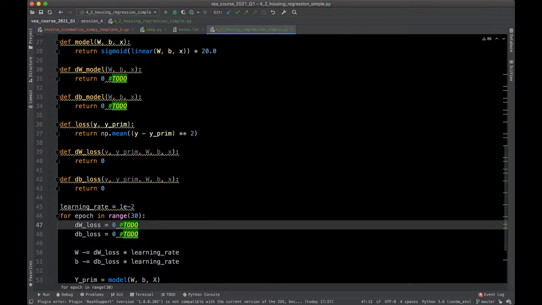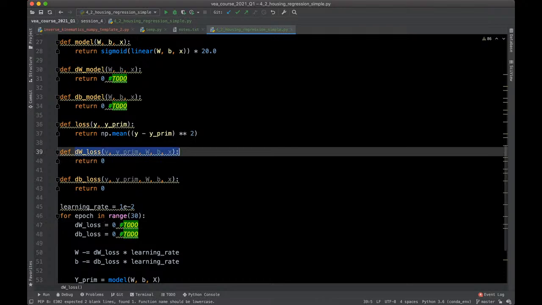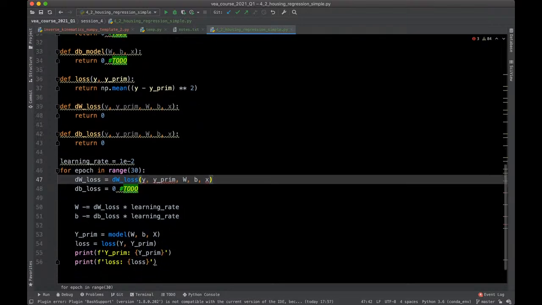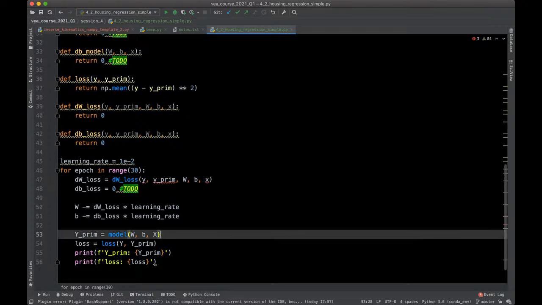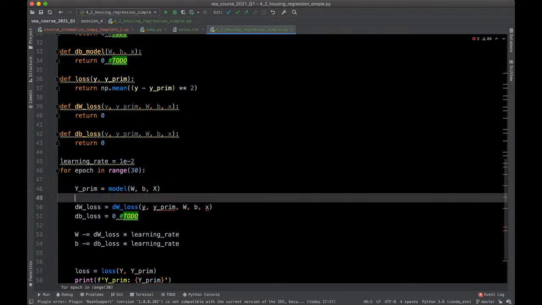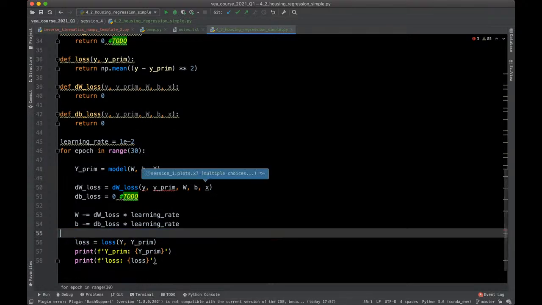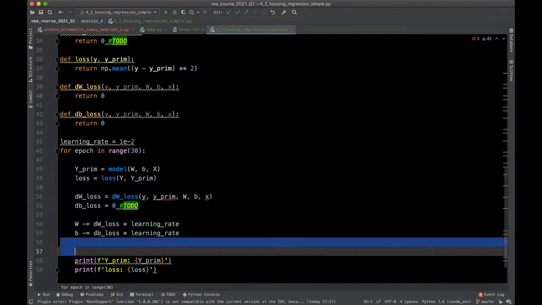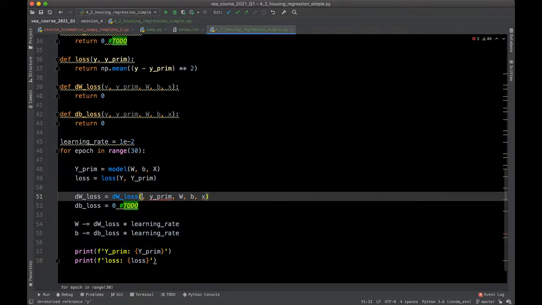So then at the end, you would use these functions to calculate the outputs of those derivatives. Here we actually need the inputs, so the y prime is all we need. That means we will move this one here like that. And actually the loss we also could move here, and here we would use the y, and here will be the y prime, right, and there will be the x.